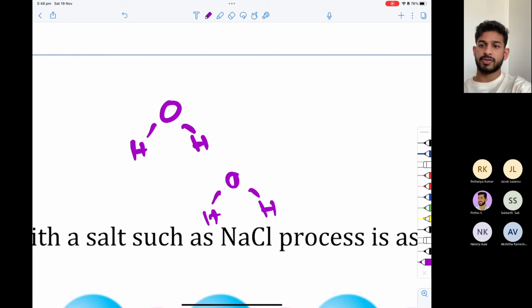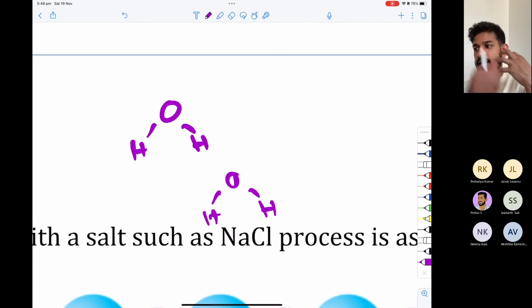Electronegativity means how hungry an atom is for electrons. An atom is more electronegative, or hungrier for electrons, when it has more protons. So Nikita, who has more protons, oxygen or hydrogen? Hydrogen. No, wait, oxygen. Good, I'd hope so, because oxygen has 8, hydrogen has 1. So oxygen has way more protons.